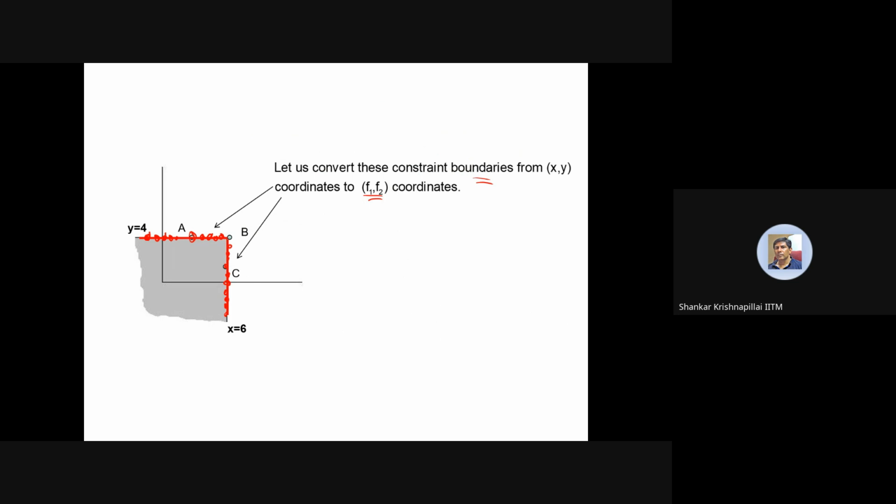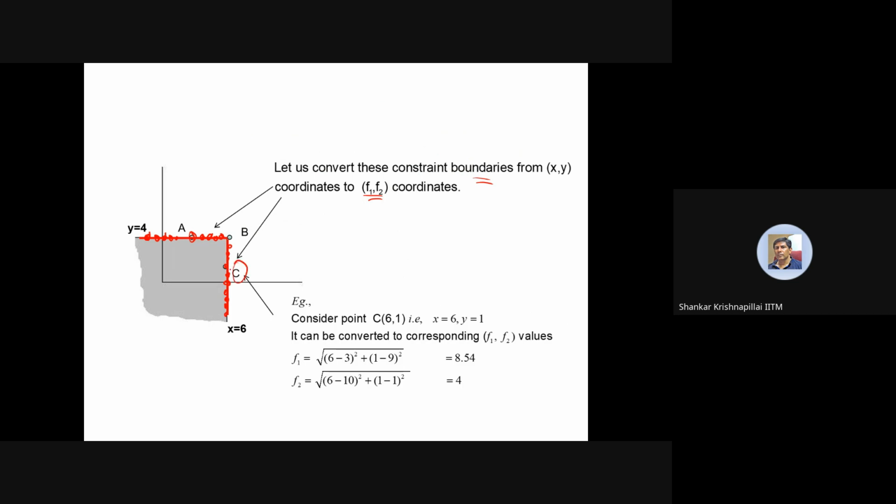How is it done? It is shown with this point C. Point C is (6, 1), so X is equal to 6, Y is equal to 1. It is converted to (8.544, 4) in the F1, F2 coordinates.